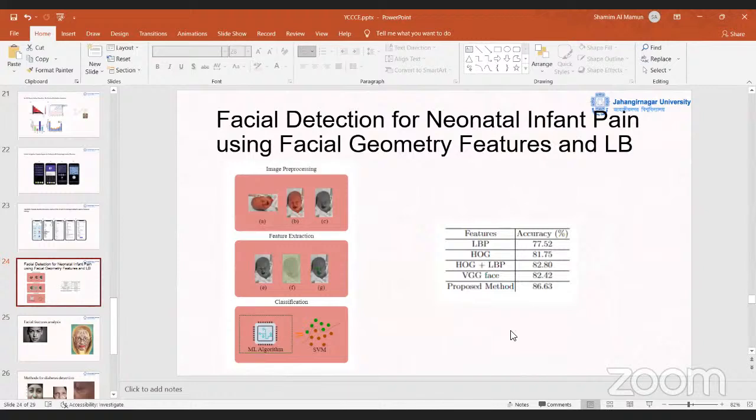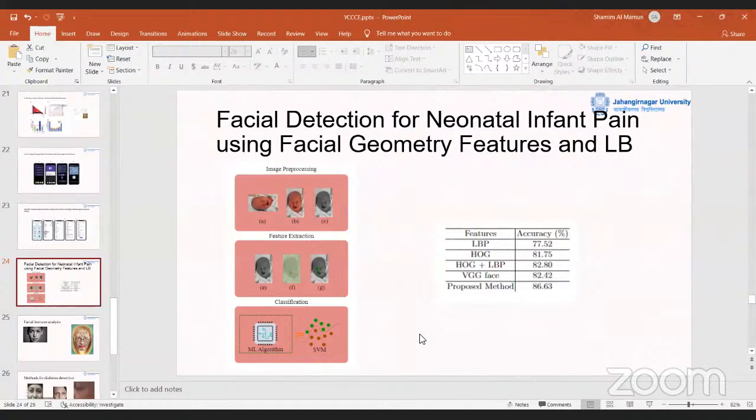For the visually impaired, we are working recently, and we are making some kind of dataset. This dataset is collected from other sources from England, and the work is facial detection for neonatal infant pain, because it is pretty difficult to identify the features of infant babies, the eyes, the face, or the lip corners.